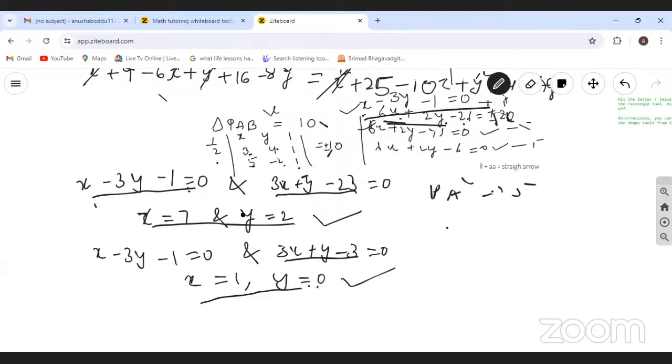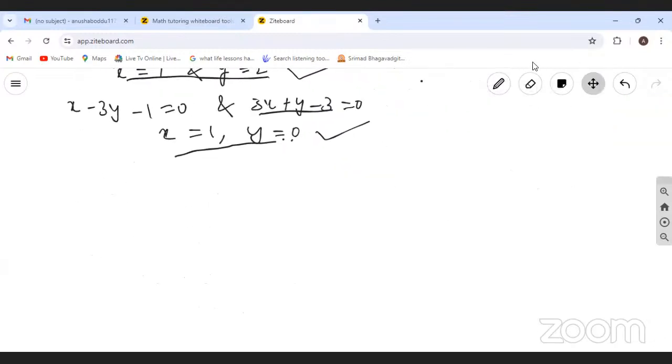They are asking us to find the coordinates of P. So you can take either of the coordinates, that is x is equal to 7 and y equal to 2, or x is equal to 1, y equal to 0. Anything you can take. Is it clear? Yes, ma'am.